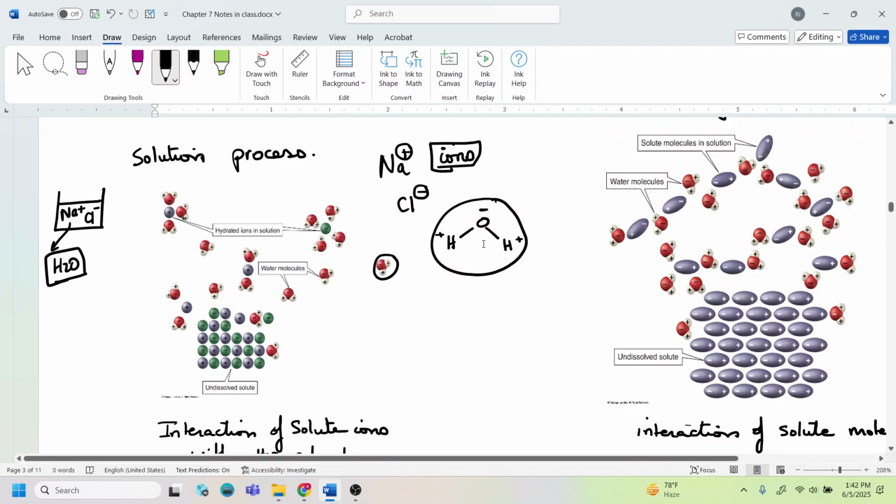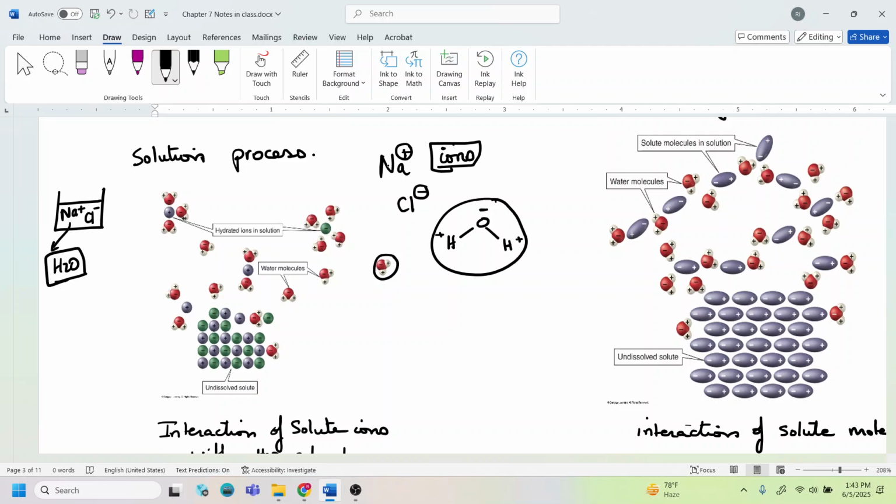So the thing is, how does water solvate the sodium chloride? Well, water is going to approach the sodium chloride. And remember, like dissolves like, and normally similar charges repel each other. Opposite charges attract each other.